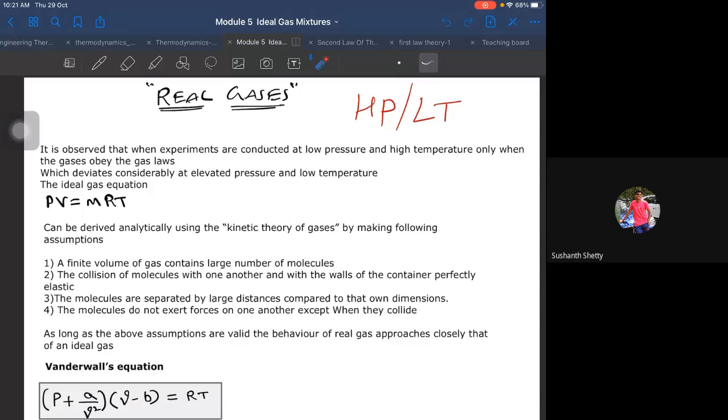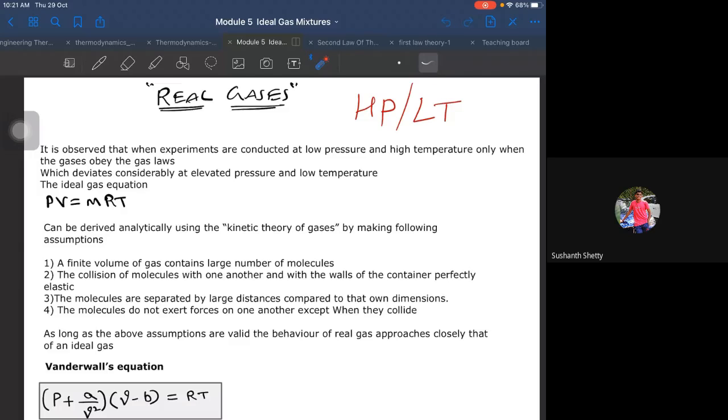The gases which do not obey it are the real gases. That means all the real gases existing in nature are not ideal. Ideal gases never exist in nature, but real gases tend to behave as ideal gases. I mean to say, they are just tending to behave.